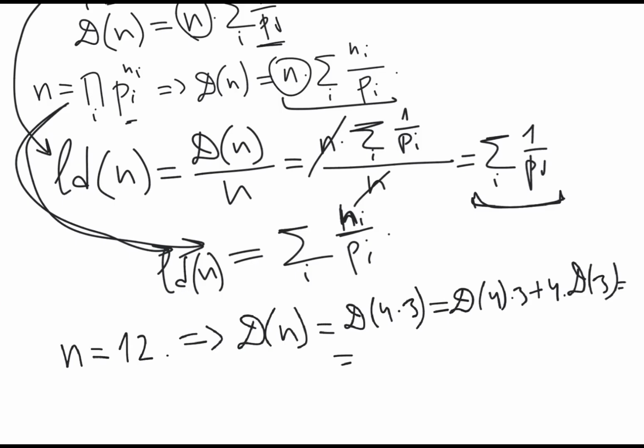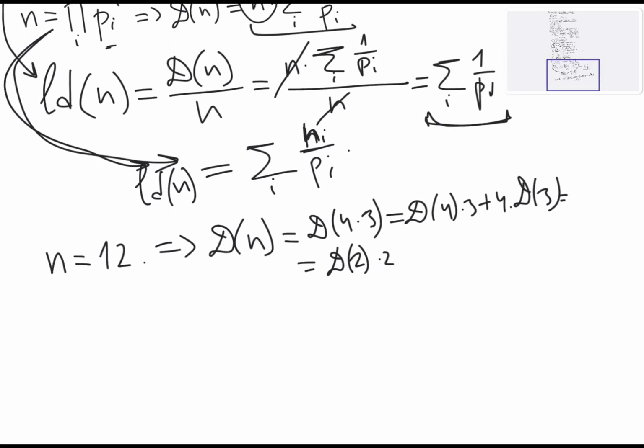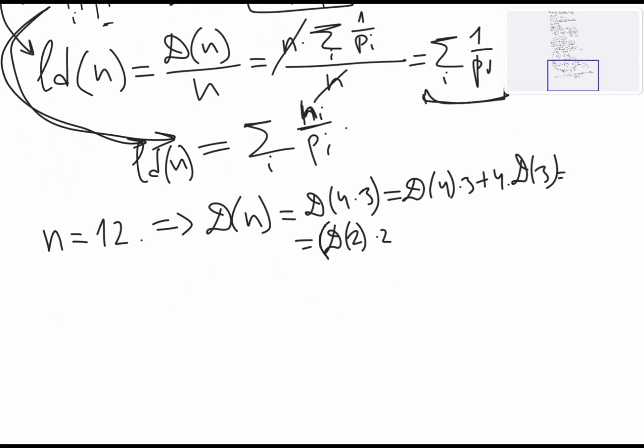So this is equal to d of 2 by 2 by 3 plus 4 by 1, and this is equal to, because d of 3 is 1, because 3 is a prime number, right?